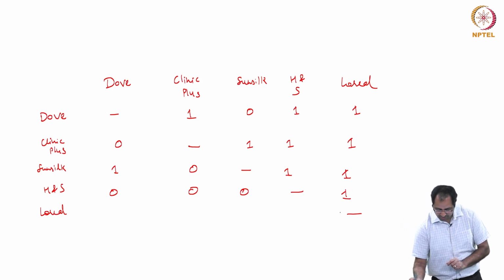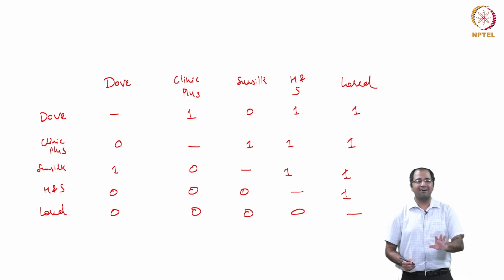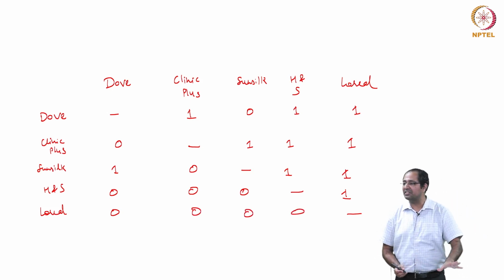So the last row we have already got the answer to everything. Between L'Oreal and Dove it was L'Oreal, so 0. Clinic Plus and L'Oreal we had 0. Sunsilk 0, 0, right? So we got one of the respondents' answers here.